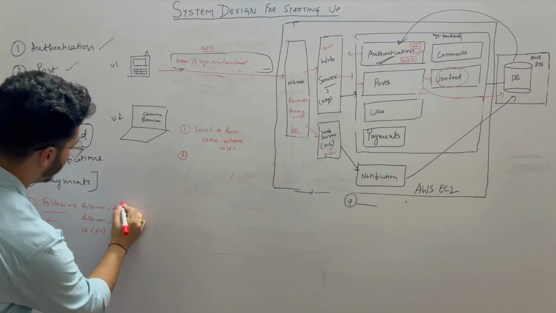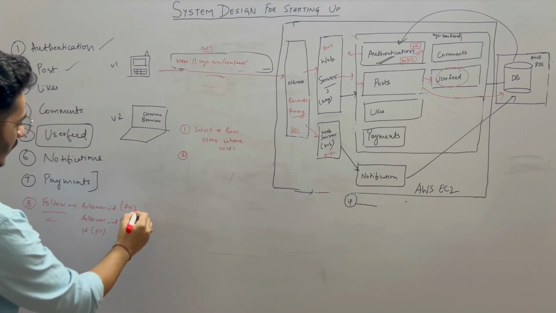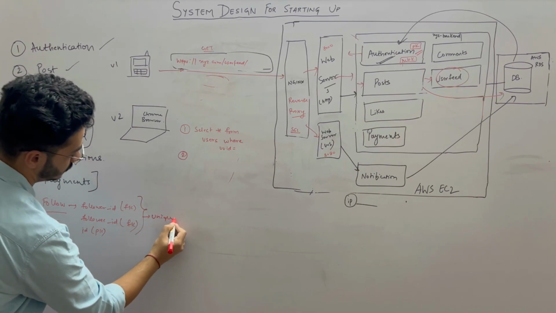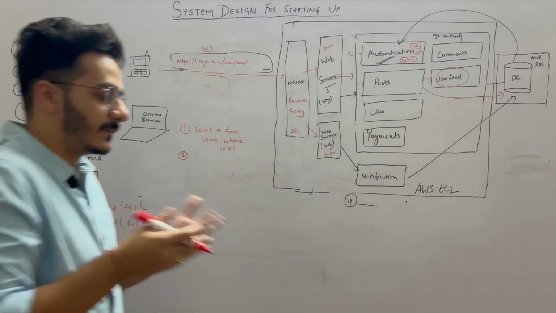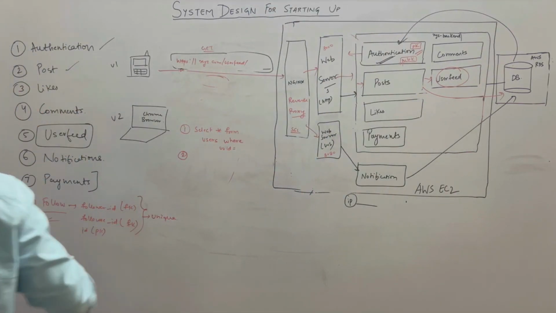This will be a foreign key, and this is a foreign key, and this will be unique, because one user can follow one person only once. So this is the database schema for this table.